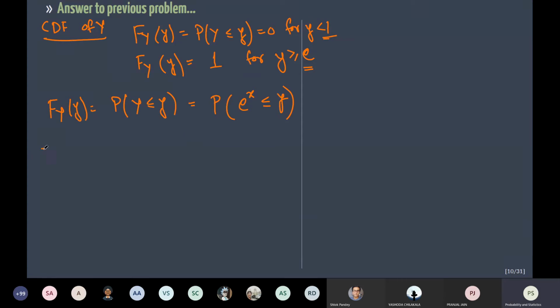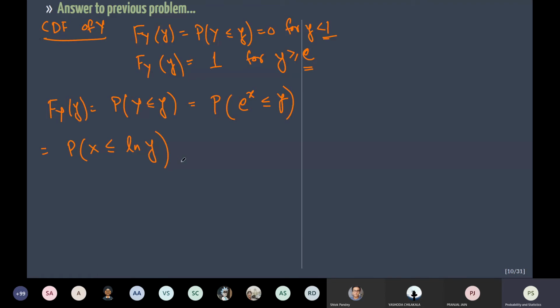Now I can take a log without changing the inequality because log is an increasing function. So I can write this as the probability that X is less than or equal to the natural logarithm of y. I will take the natural logarithm so that the e goes away.